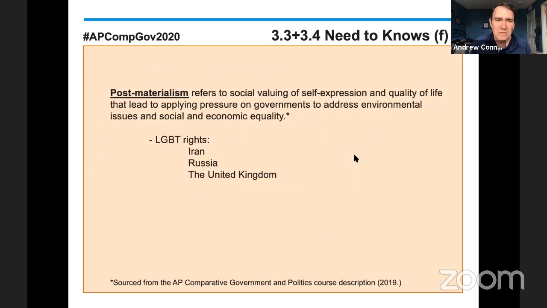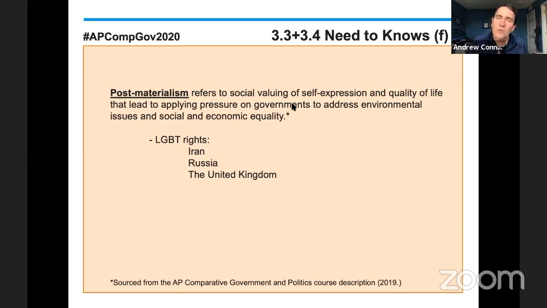When we get to the topic of post-materialism, this is where it's really interesting to compare countries and their policies. So post-materialism, the definition we're given in the course description is the social valuing of self-expression and quality of life that leads to applying pressure on governments to address environmental issues, social and economic equality.